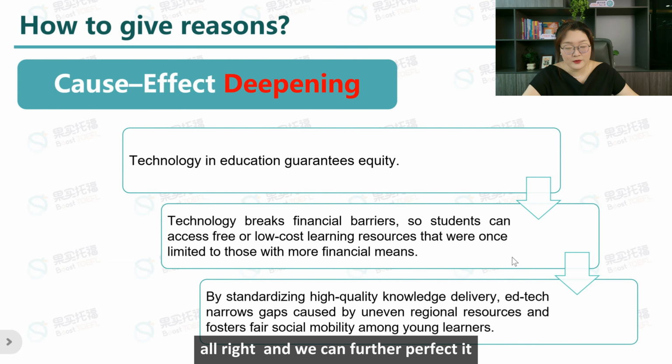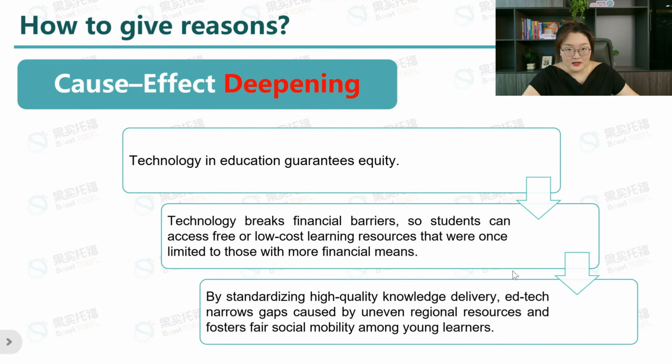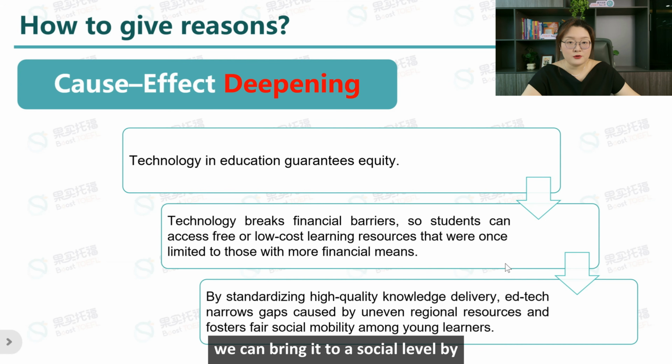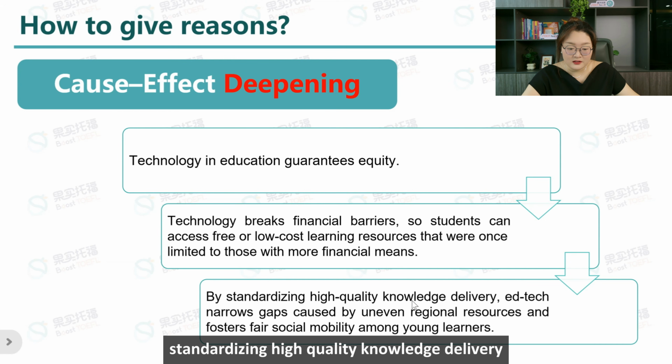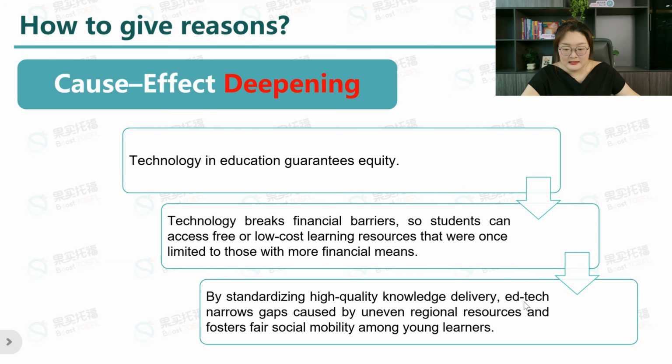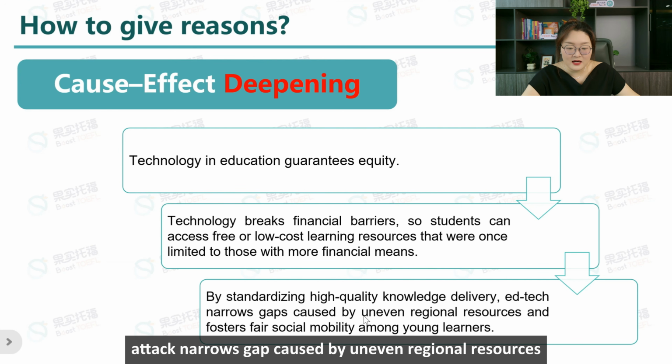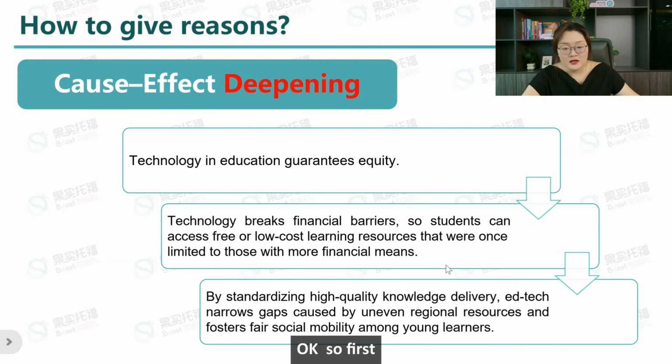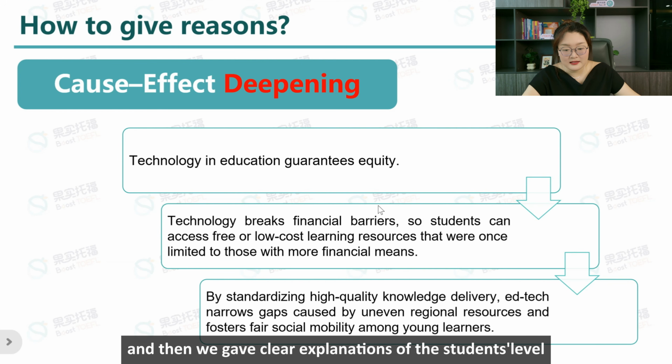All right? And we can further perfect it. We can bring it to a social level. By standardizing high-quality knowledge delivery, EdTech narrows gaps caused by uneven regional resources and fosters fair social mobility among young learners. So first we start with a very grand reason, and then we give clear explanations at the student level.